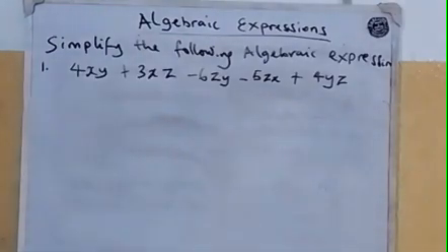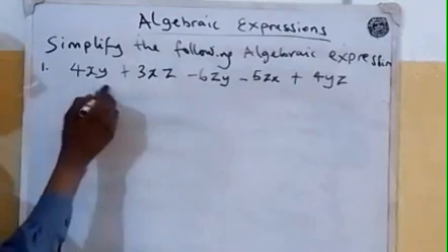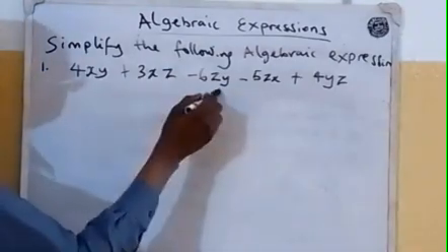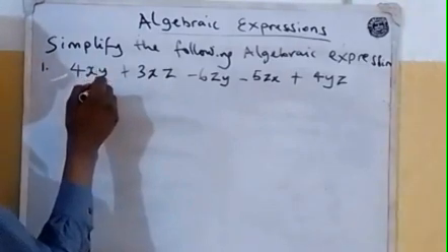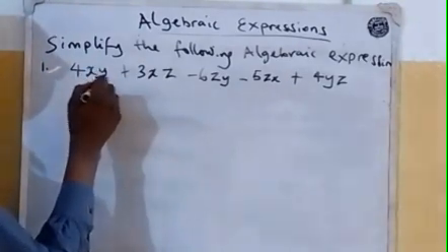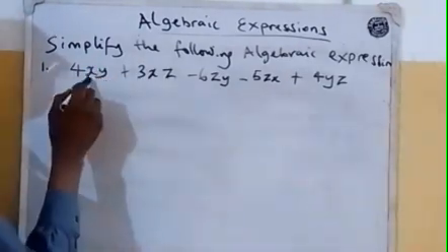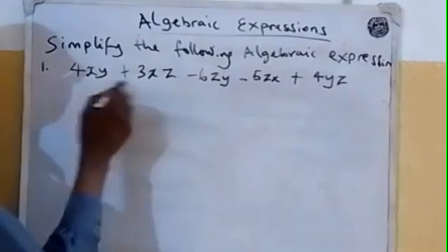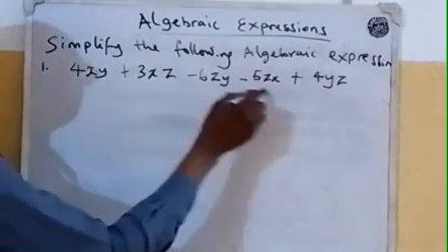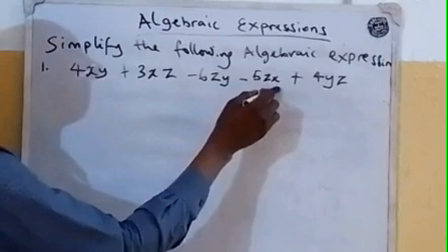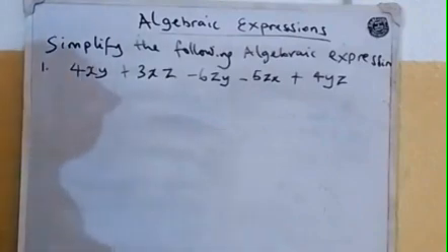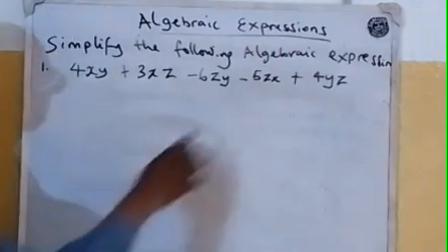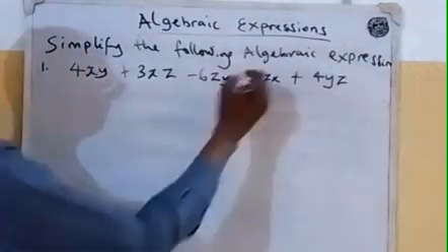For two variables to be similar, they will contain the same alphabet, even if you place them in different positions. This is xy, this is xz, this is zx. So these two are the same thing. I can write it so that it looks alike to my inspection.